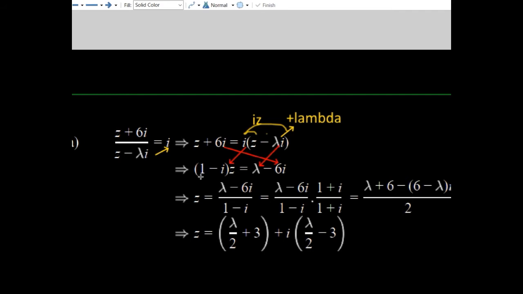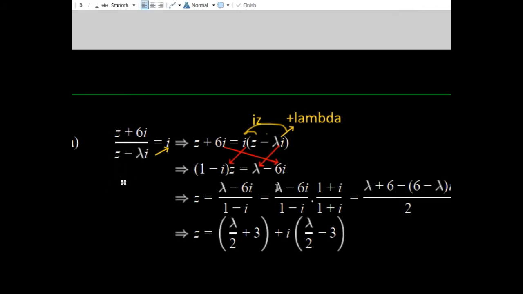And then what we have left here, you can see that this step is simply that I've factorized out z - iz. Factorize out z, I'd have (1 - i) times z. Right, so that is how I obtained this here.